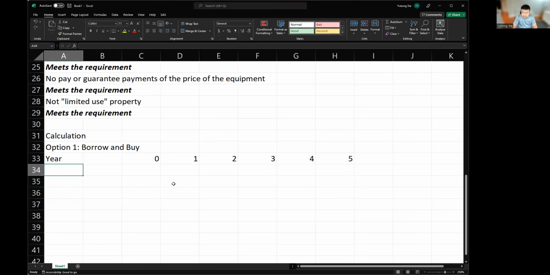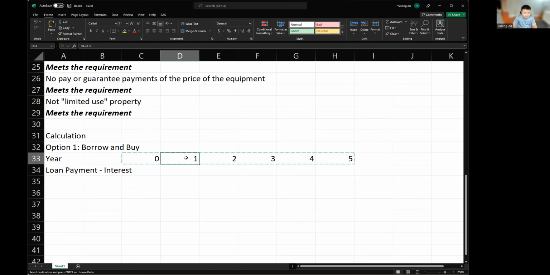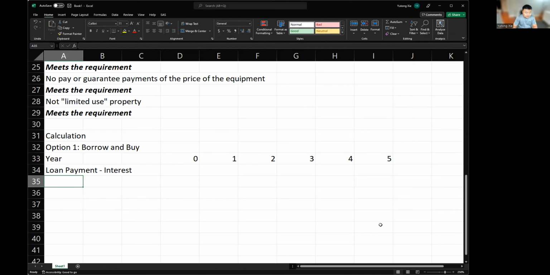So then what we want to do is say the loan. We have the loan payment, we have the interest. Oh, as you can see, the year 0 is too close, so I have to scooch everything over. The second one is loan payment. Okay, so this is a non-amortizing loan, right?